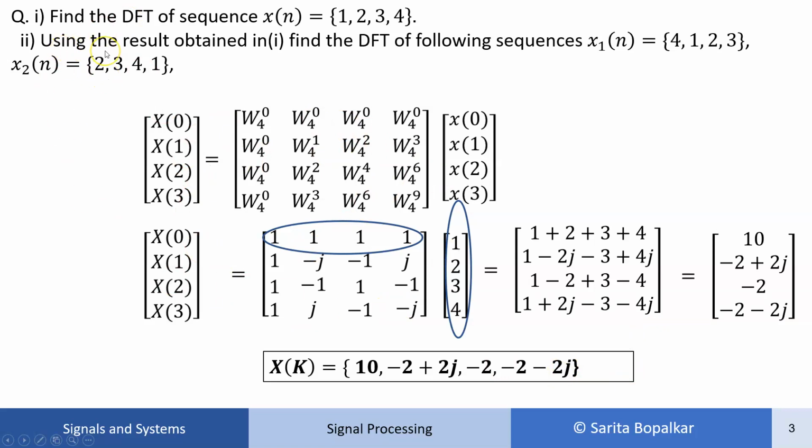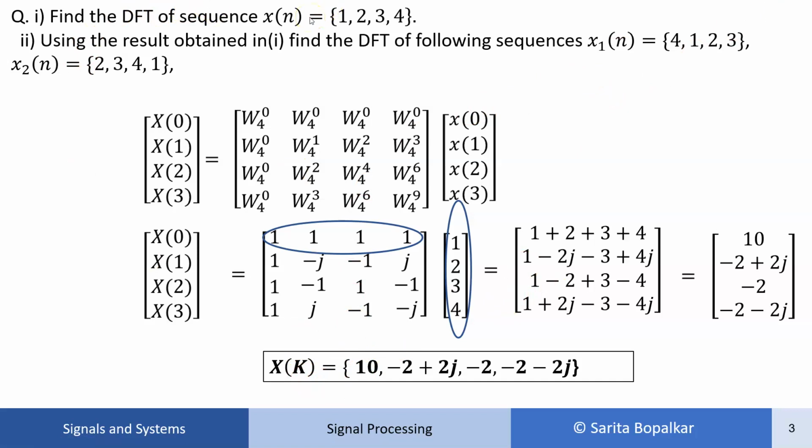Now the second one is important: using the result obtained in 1. That means using the DFT which we have obtained in the first part, find the DFT of the following x1(n) and x2(n). To find the DFT, we want to use this DFT which we have calculated.